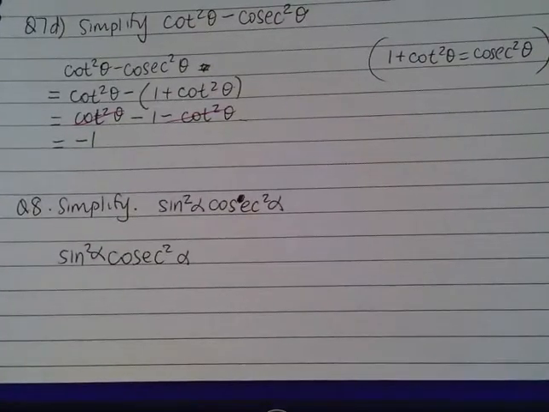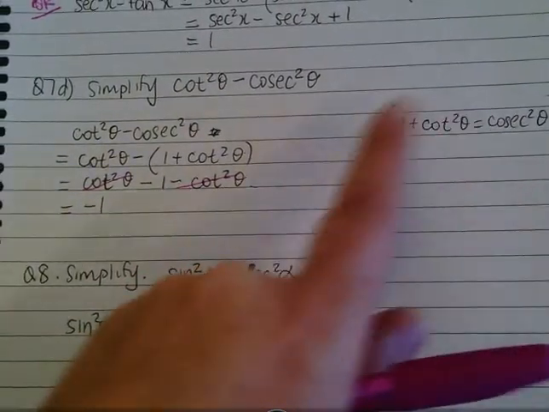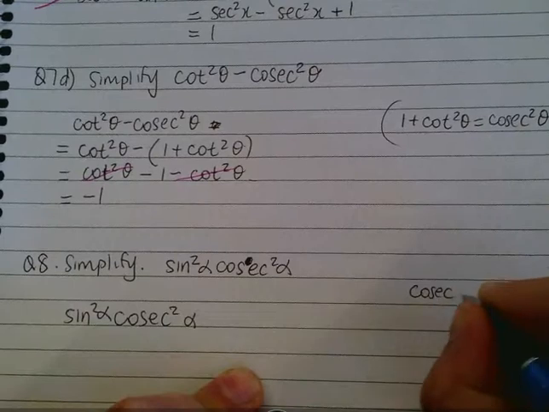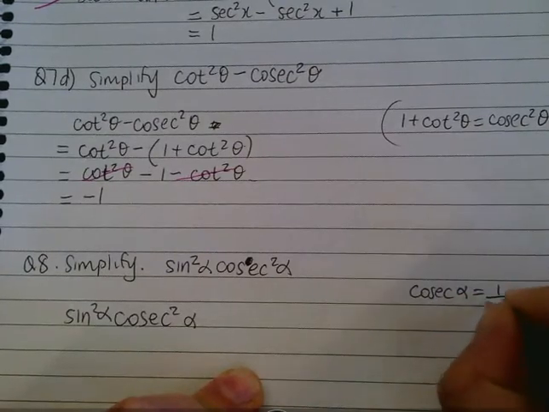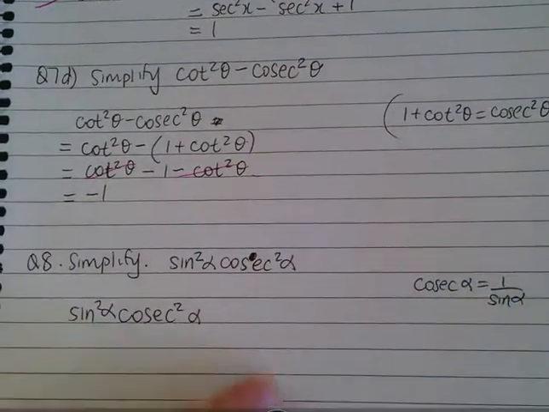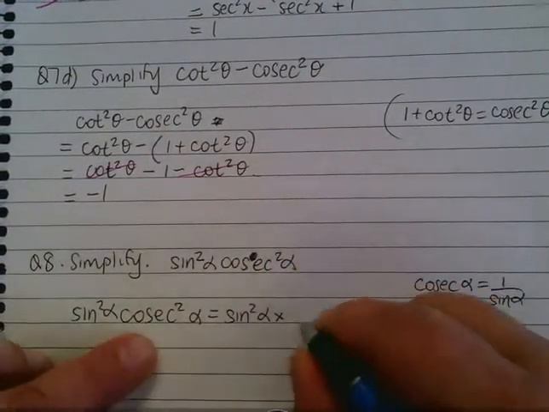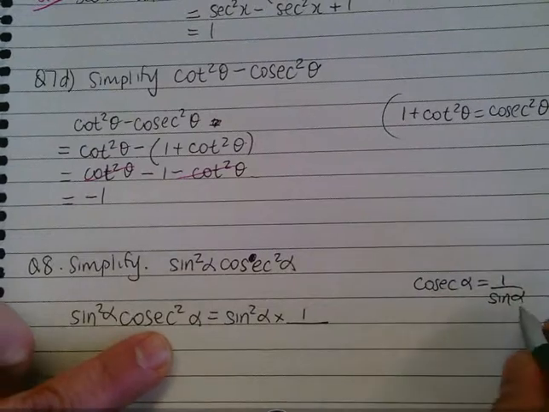So you've got two options for cosec. That rule, which is going to expand it and make it even bigger, or the other one, that cosec alpha is 1 on sine alpha, and that is the better one to use because you've got sine squared alpha times 1 on sine alpha squared.